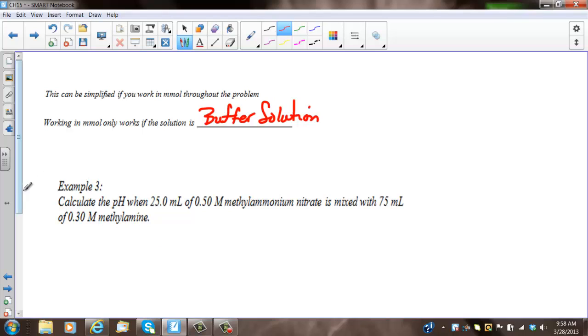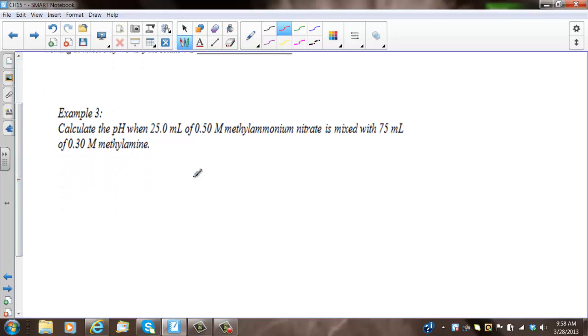Let's do one more example, and that ends this lesson. Calculate the pH when 25 mils of 0.5 molar methyl ammonium nitrate, so here's our first component, is mixed with 75 mils of 0.3 molar methylamine. Methylamine, you might not know it, is one methyl group, CH3, and the amine part is NH2.